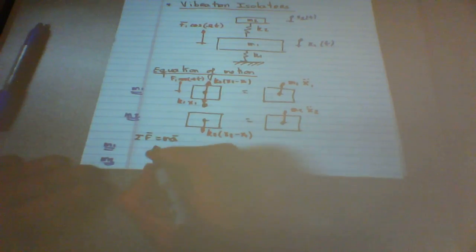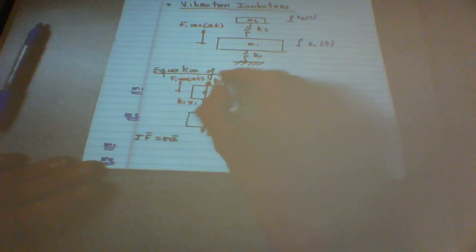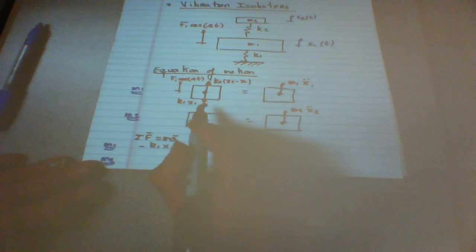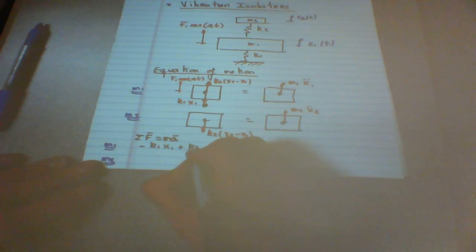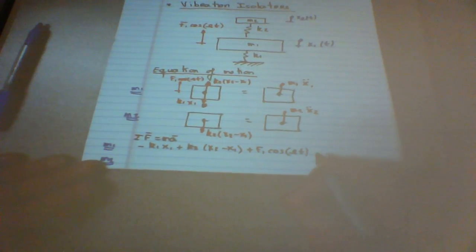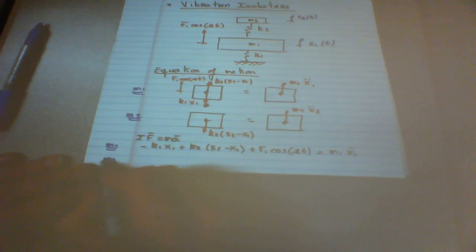First the summation of forces: minus K1 X1, plus K2 (X2 minus X1), plus F1 cosine omega t, equal to M1 X1 double dot.